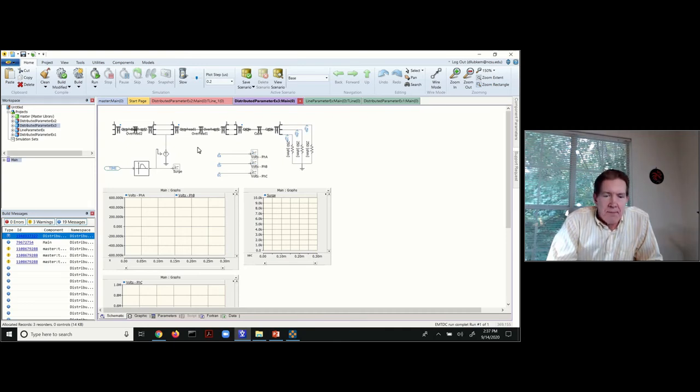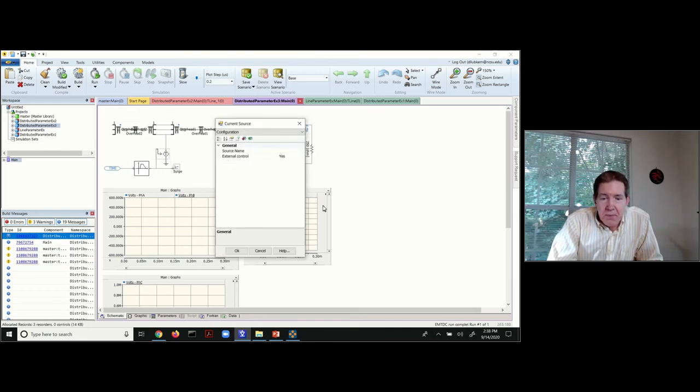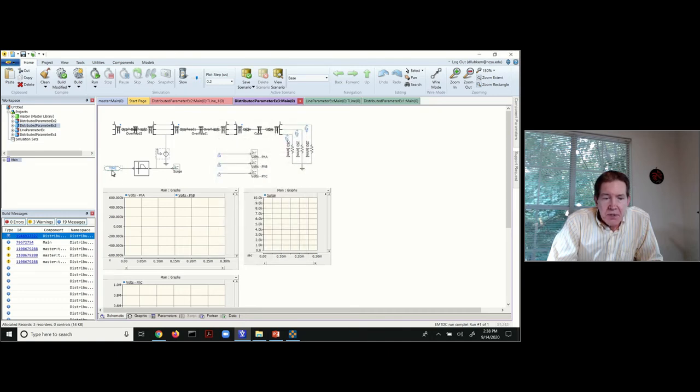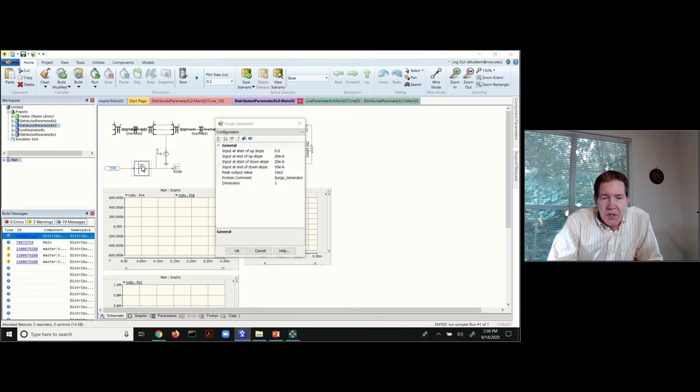So what is the source in the circuit? The source is a current injection, modeled as a controlled current source. You control it through this other element, which is a surge generator.